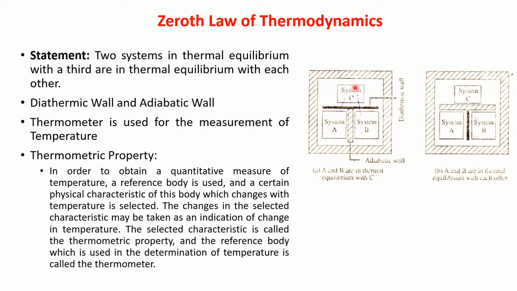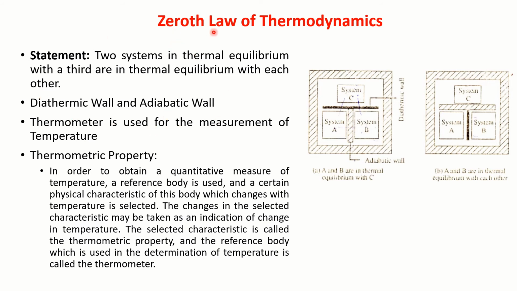A is in thermal equilibrium with C, B is also in thermal equilibrium with C. So I take a thermometer, I measure the temperature of body A, let us say it is 40 degrees Celsius. Then I measure the temperature of body B, that is also 40 degrees Celsius. Then they are in thermal equilibrium with each other. So that is what we call the Zeroth Law.